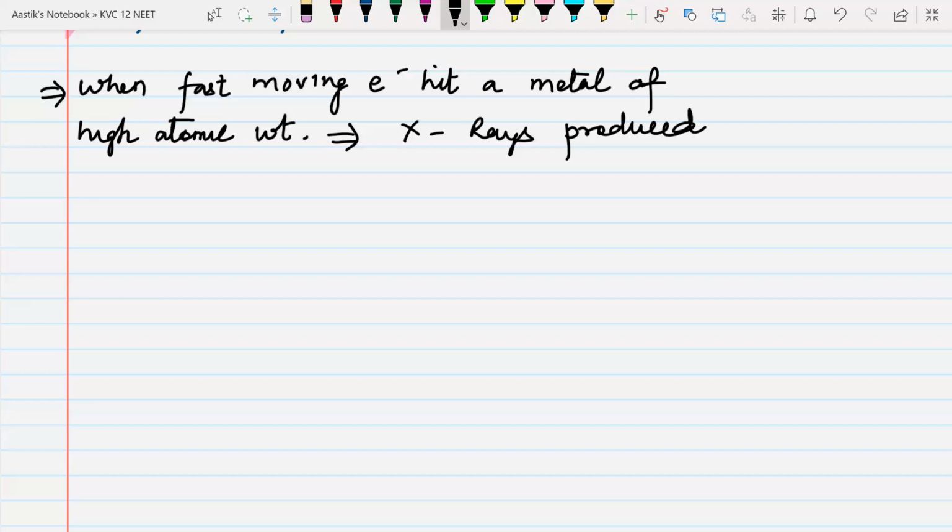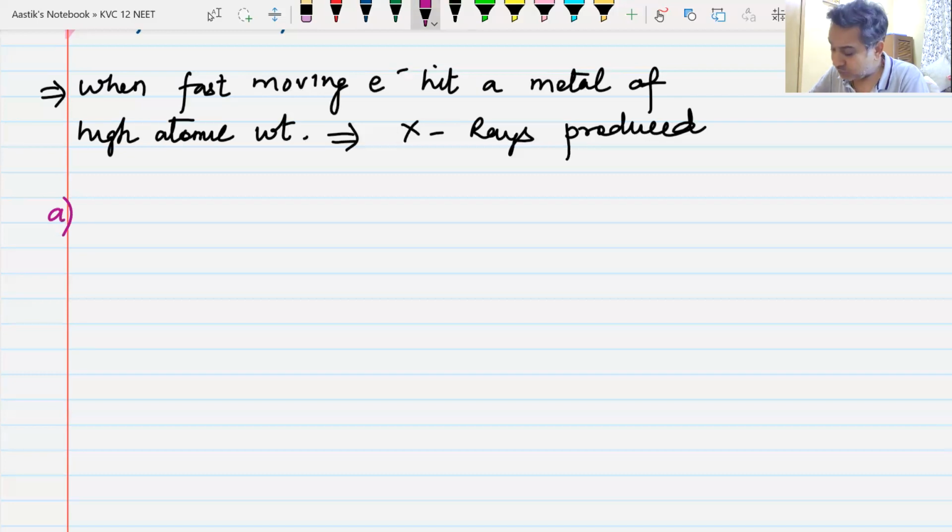There are three things that you need to produce an X-ray. What are those three things?